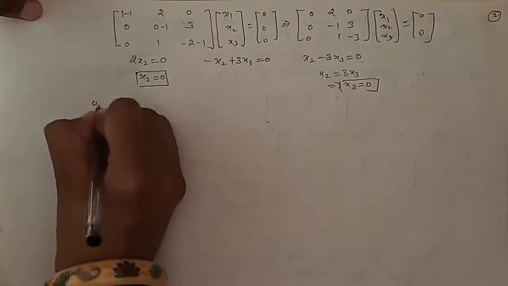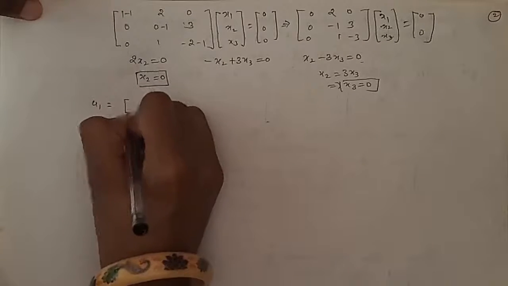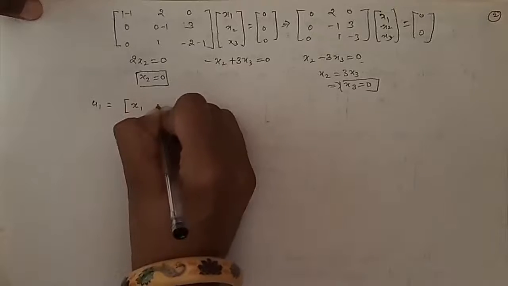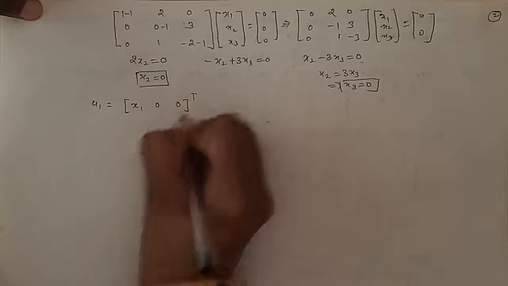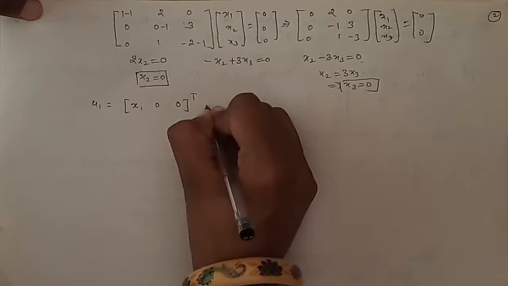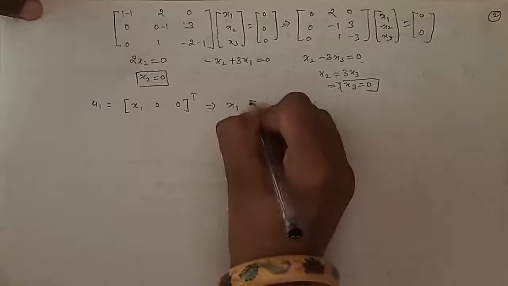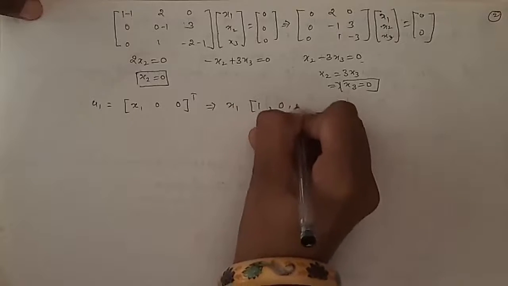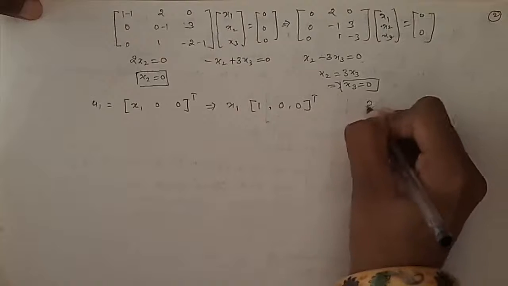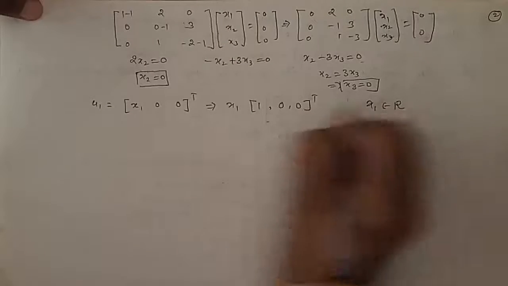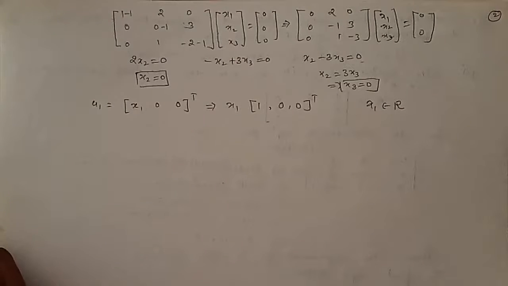So we can say that u1 is equal to [x1, 0, 0] transpose, or we can write this as x1 [1, 0, 0] transpose, where x1 belongs to R. So this is our first vector with respect to eigenvalue 1.